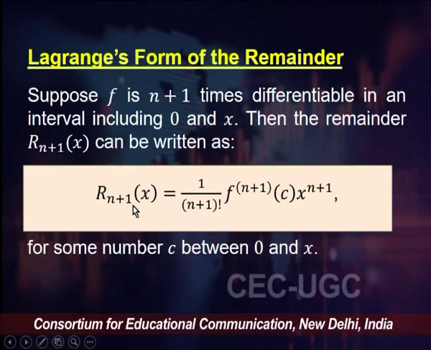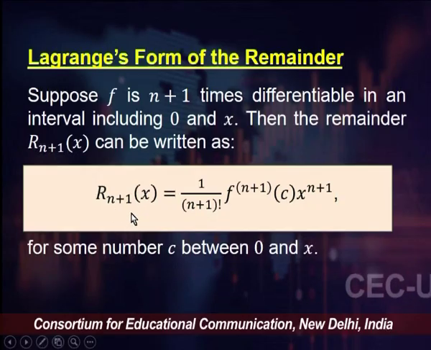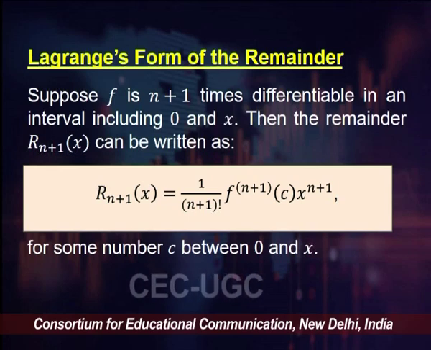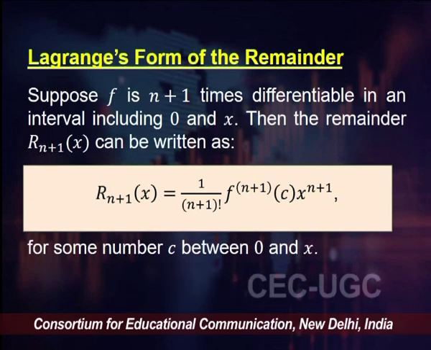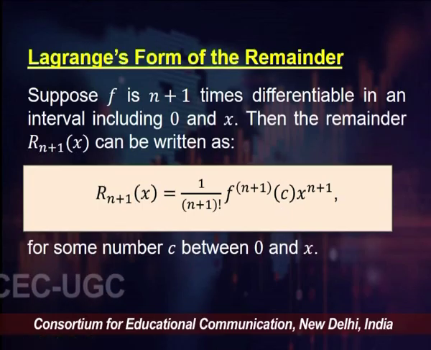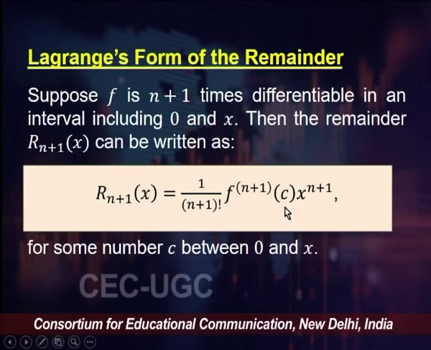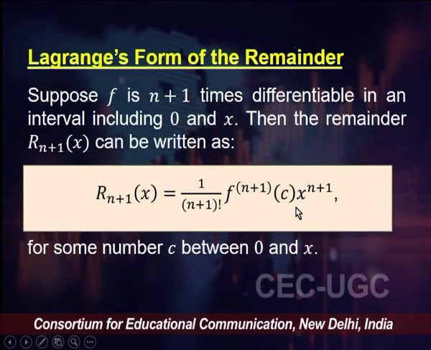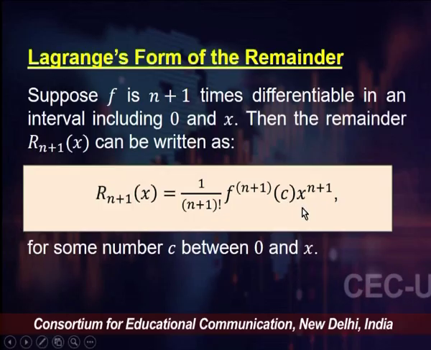So, the remainder term here, R_{n+1}(x), is given by 1 divided by (n+1) factorial times the (n+1)th derivative of the function. But now there is a difference. The (n+1)th derivative is not evaluated at 0, it is evaluated at a number c which is between 0 and x. And this (n+1)th derivative is multiplied by x to the power n+1.